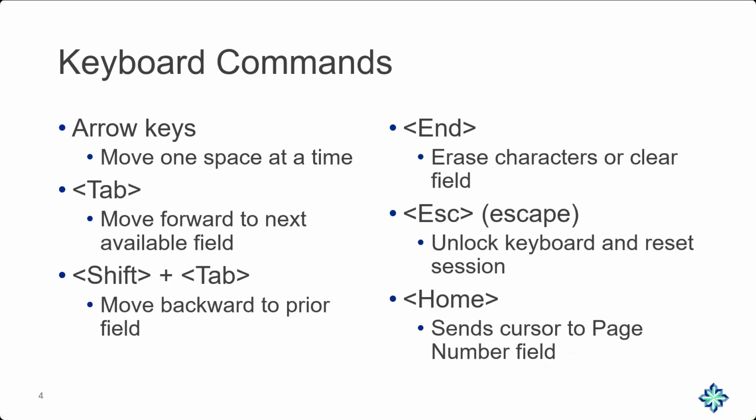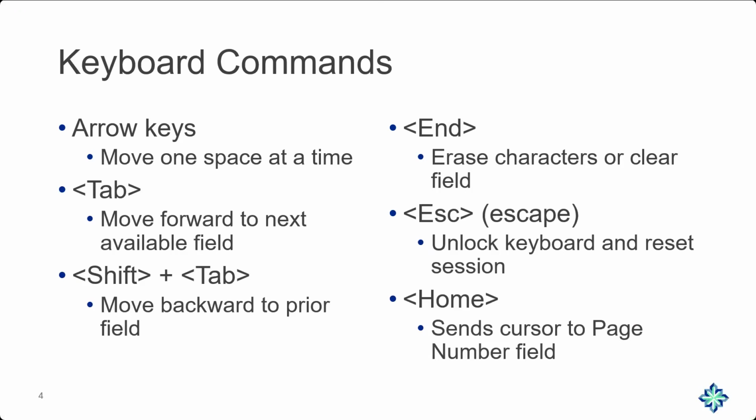I have some of the most common keyboard shortcuts here, and we're just going to go down the columns. The arrow keys allow you to move one character or one space at a time in any direction within a field. So up, down, right, left, all of those. Your tab key is really important. Your tab key is what you're going to use to move forward between fields.